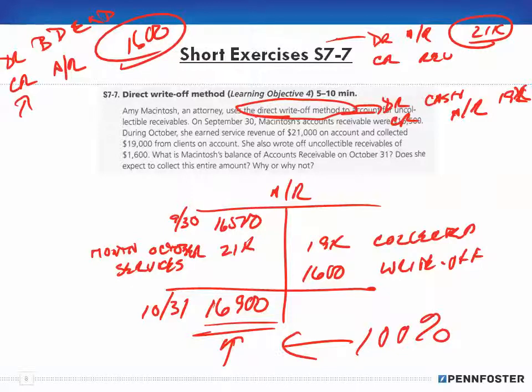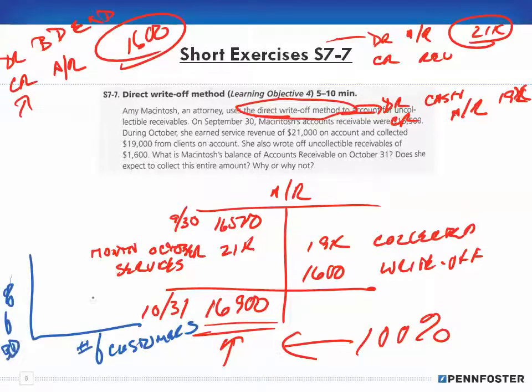So if you have a few customers, well then yeah, but if I graph it out, I have here the number of customers and the percent of bad debt here. If this is 0, and of course we're going in this direction, let's stick a number on here as 100, and this is 1.